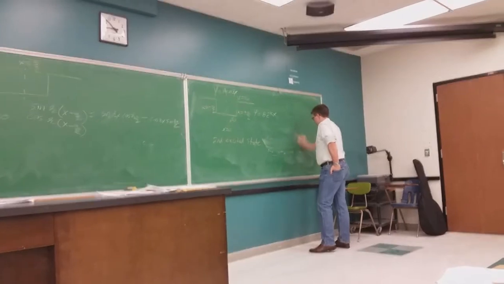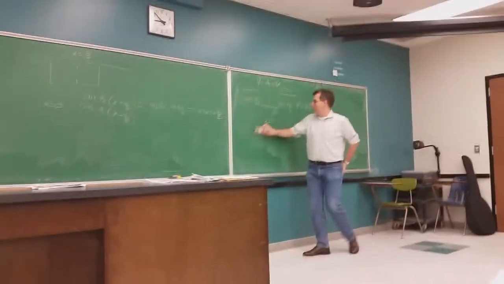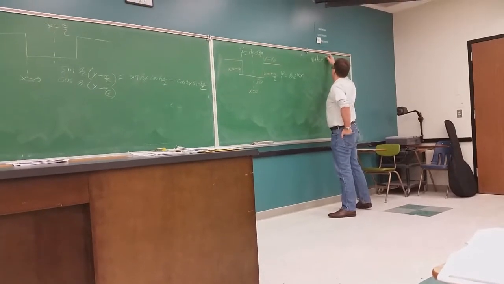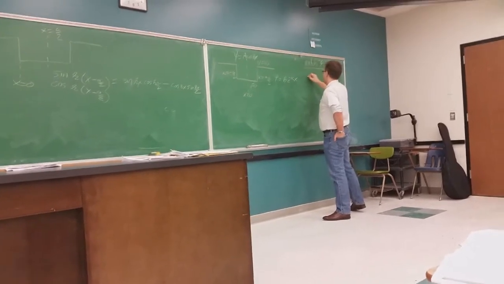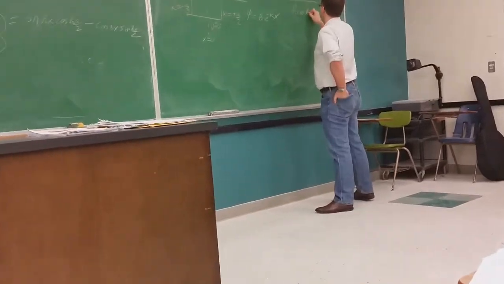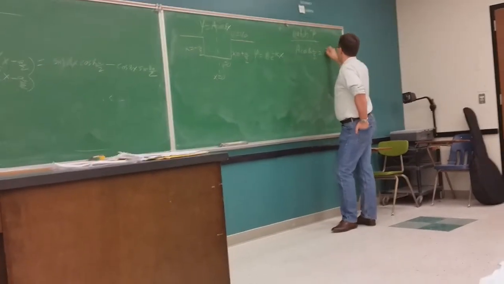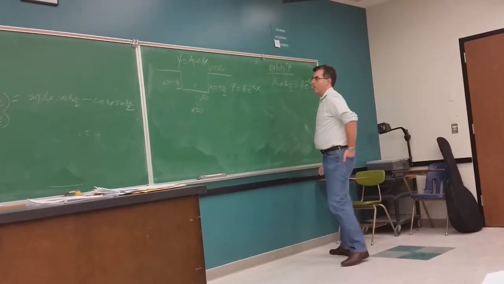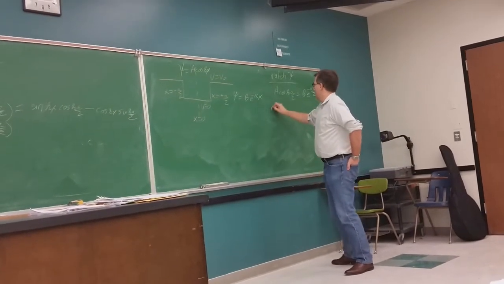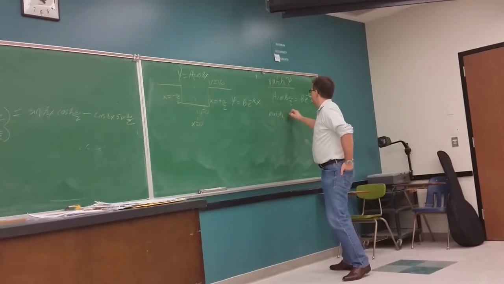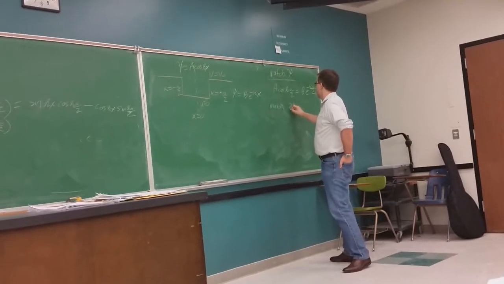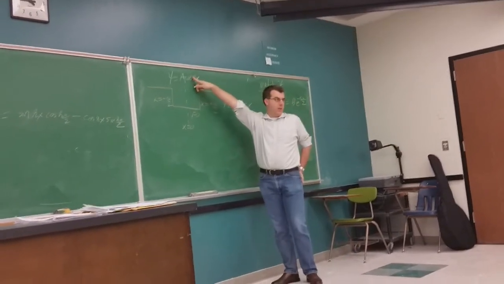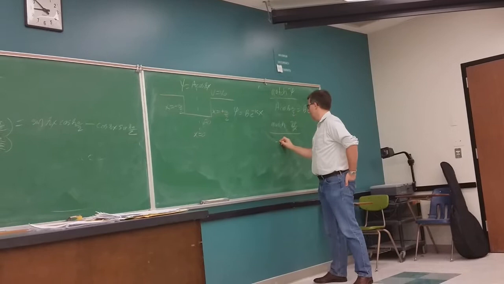Let's try to solve this. If we solve this, well, we have to match psi. So that means that A cosine of ka over 2 is equal to B e to the minus kappa a over 2. And then we've got to match the derivative of psi with respect to x. Derivative of cosine is minus sine.